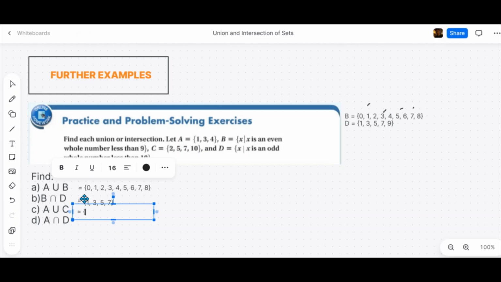We may start with 1, and then 2 from set C, 3 from set A, 4, 5, 7, and lastly the 10. Now A union C is just 1, 2, 3, 4, 5, 7, and 10.